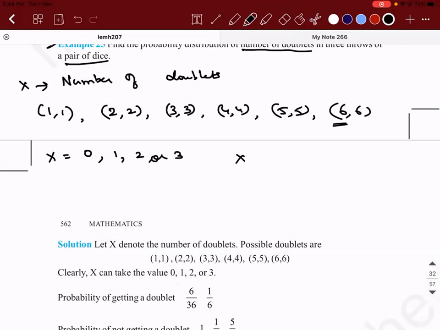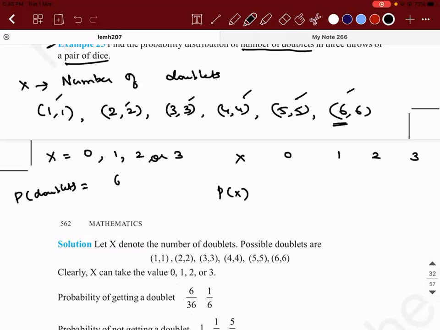So if I put the table X and probability of X, 0, 1, 2, 3, what is the probability of getting 0 doublets? First, the probability of getting a doublet: 6 out of 36 outcomes, because 6 squared. Yes, it is 1 by 6.